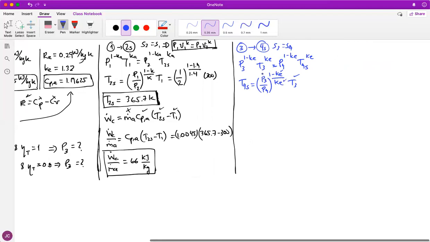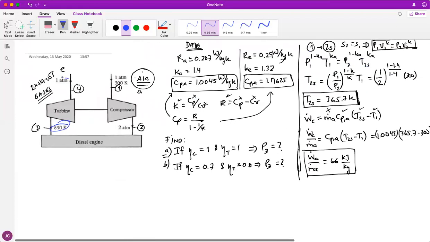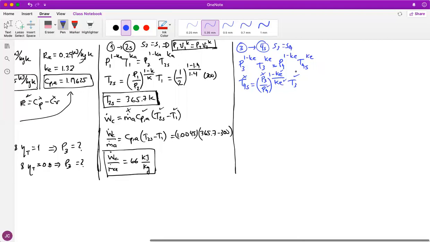Now P3, no, you don't have it. This is the one that they're asking you to get. You don't have T4S, so this is so sad. And P4, you already have it. Let's just go back here and you have the pressure at the outlet of that turbine. Well, okay, so far you are there. You cannot get any more information out of this proposition.